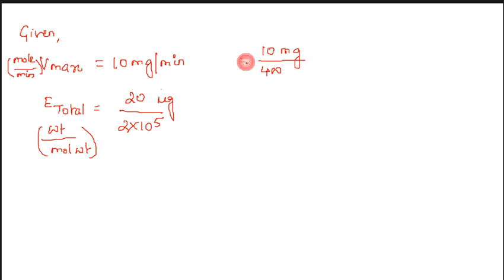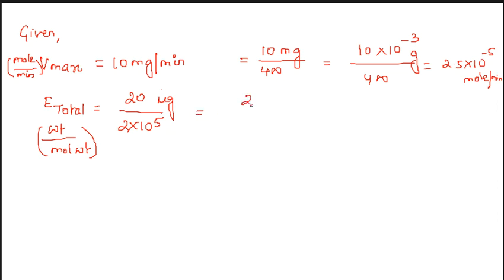So this is Vmax. Okay, now we will convert the milligram into gram. So 10 milligram into gram is 10 into 10 to the power minus 3 by 400. This is now into grams, is equals to 2.5 into 10 to the power minus 5 mole per minute. Okay, next if we solve this, it is 20 microgram.